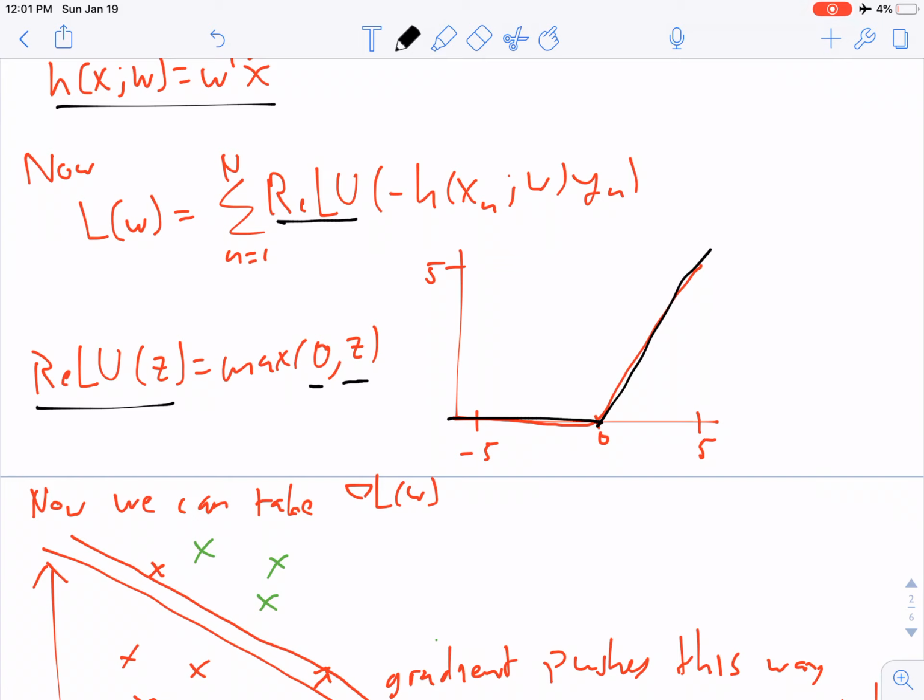Now, we're going to take the ReLU of negative h of x_n given w, times y_n. The absolute value of y_n is always going to be equal to 1, right? Because it's equal to 1 if the person has the disease and negative 1 if they don't.